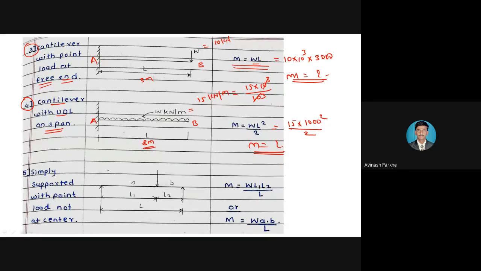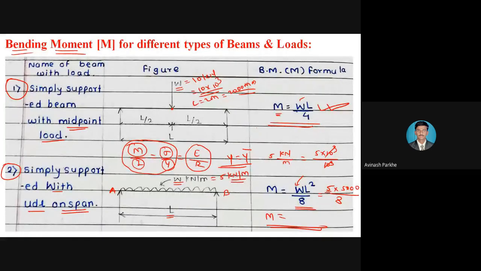If you compare all the 4 standard cases, these are called as the standard cases because simply supported beam with point load, simply supported beam with UDL, cantilever beam with point load, and the cantilever beam with UDL. These 4 cases are considered as standard cases, and these 4 cases are having the direct bending moment formula.